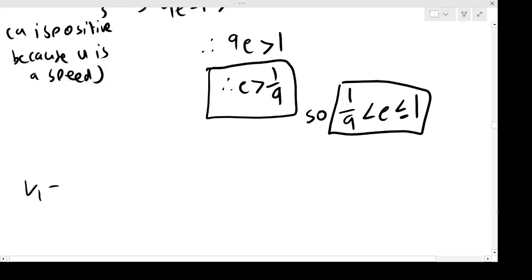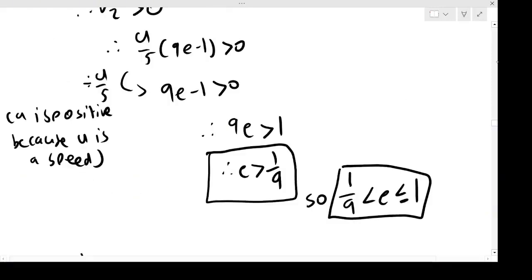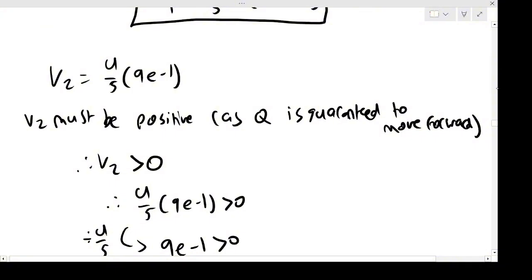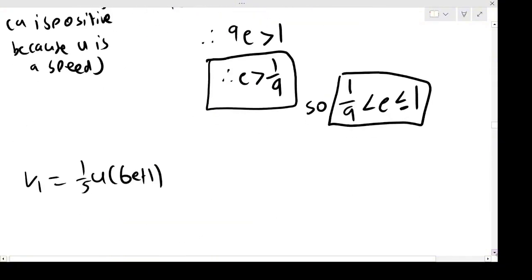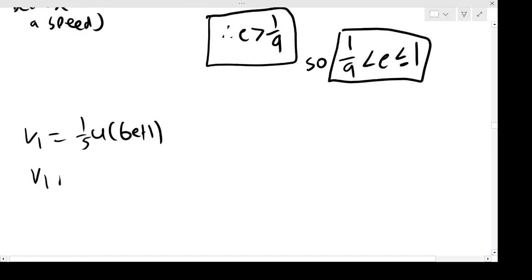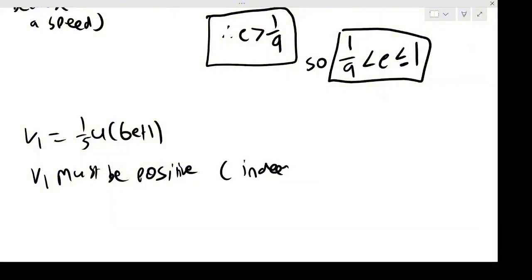So V1 is a fifth U of 6e plus 1. Now, as I discussed, V1 must also be positive. So, again, that's because indeed it's moving backwards.